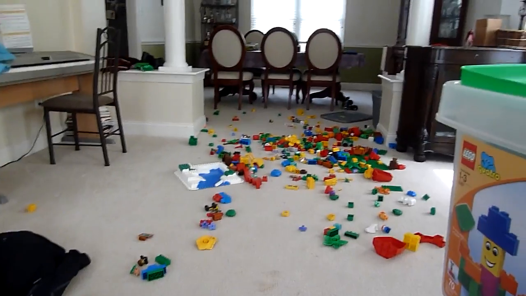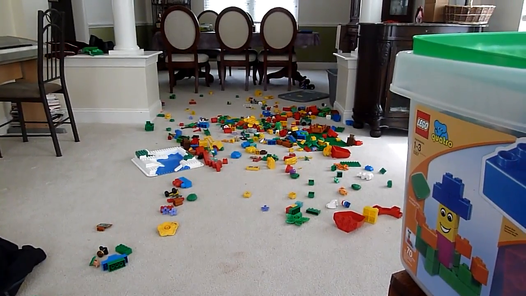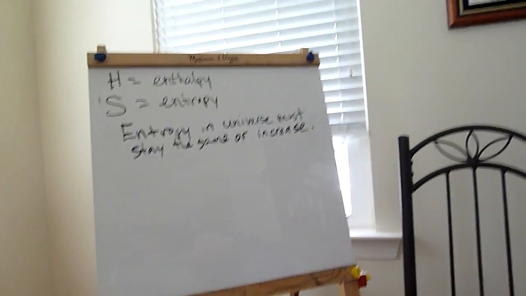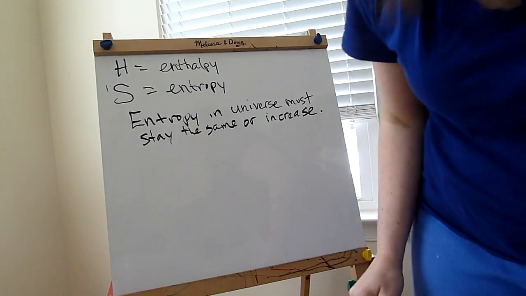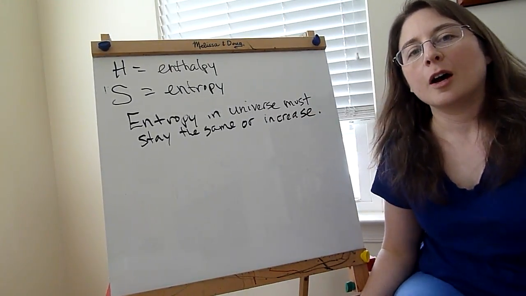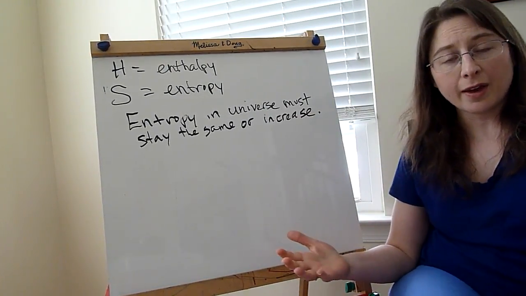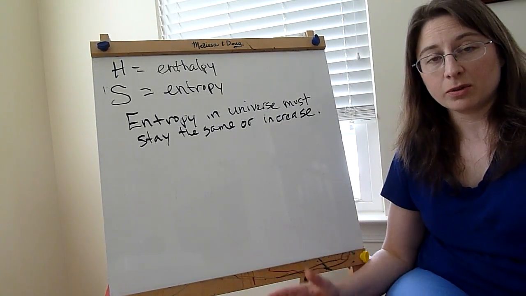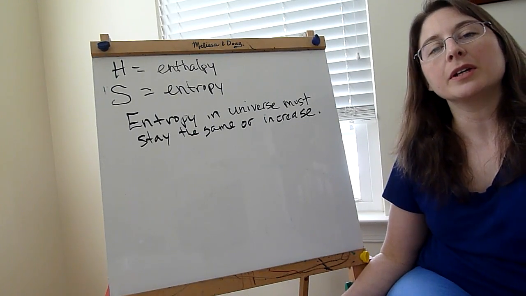let's turn around and look for a minute. See that? Entropy. Big mess. So if I went and cleaned all that up, disorder would decrease. Well, does that violate the second law of thermodynamics? Why, no, it doesn't.